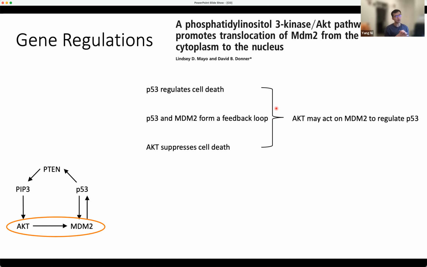Second, it is also somewhat subjective, because there are other possible causalities between this set of genes that can also explain these three facts. For example, maybe AKT acts on p53 directly. That would also explain these three facts. So this way of generating hypotheses, even based on prior knowledge, is somewhat subjective.